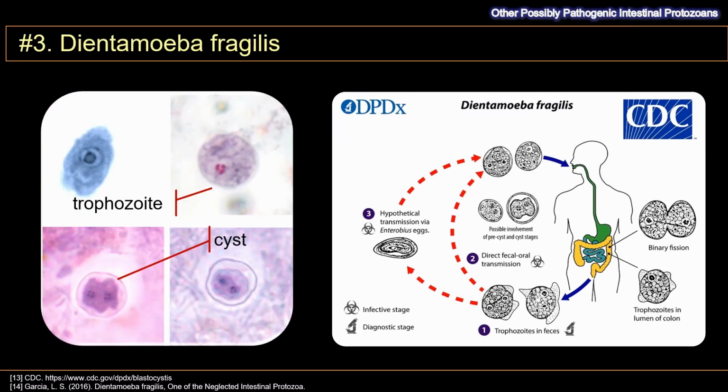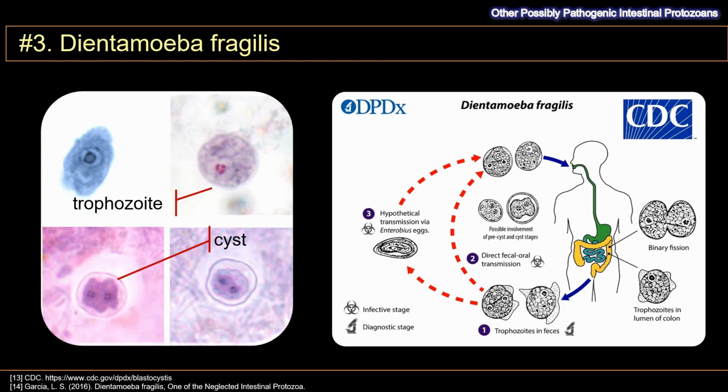Dientamoeba fragilis was incorrectly classified as an amoeba, but later molecularly reclassified as an amoeboflagellate, closely related to Trichomonas and possessing both pseudopodia and flagella. However, the flagella are very difficult to see, even in trophozoites.